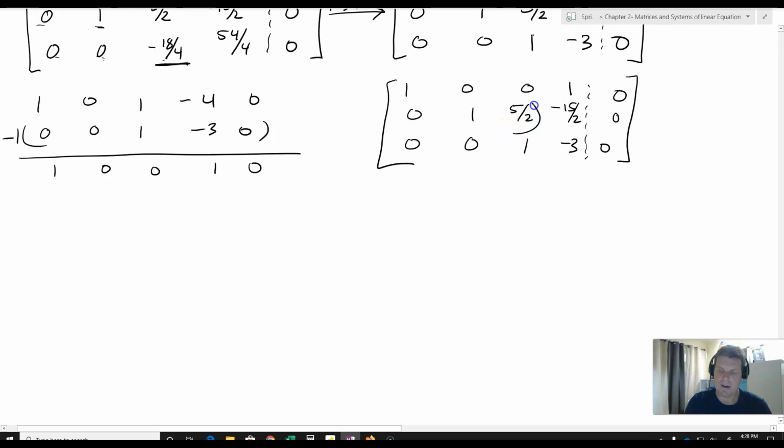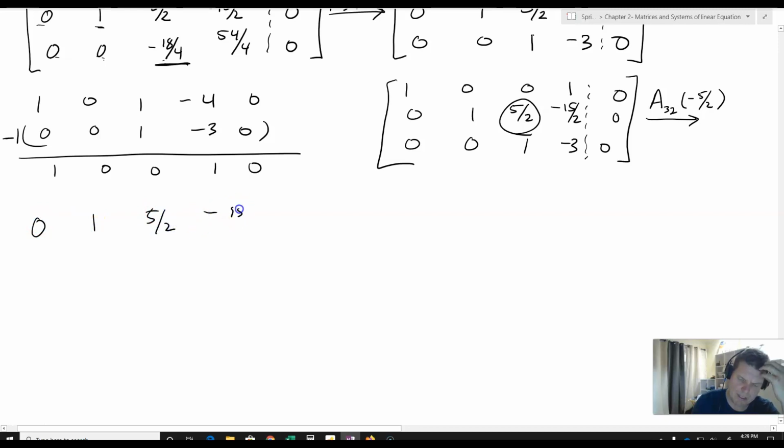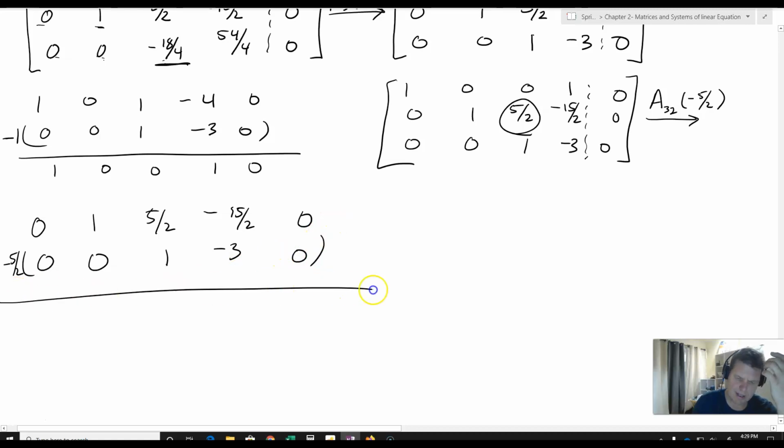Now, finally, we've got to get a 0 right here. So what I'm going to do is add row 3 to row 2, in fact by negative 5 over 2. Okay? So that means that what I'm going to get is 0, 1, 5 over 2, negative 15 over 2, 0, plus row 3 times negative 5 over 2, and this ends up being 0, 1, 0, 0, 0.